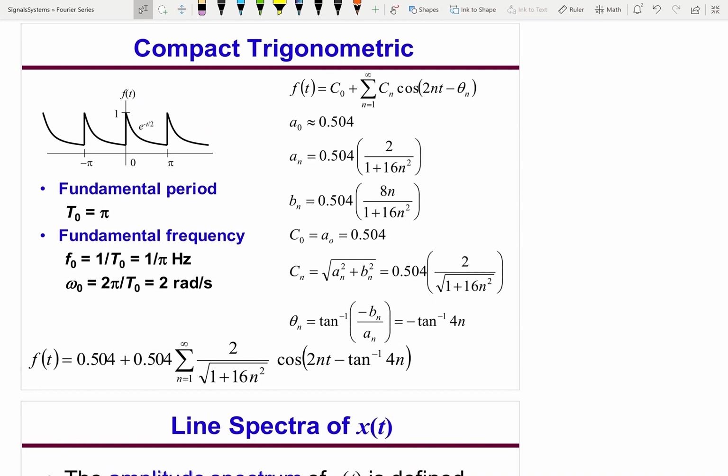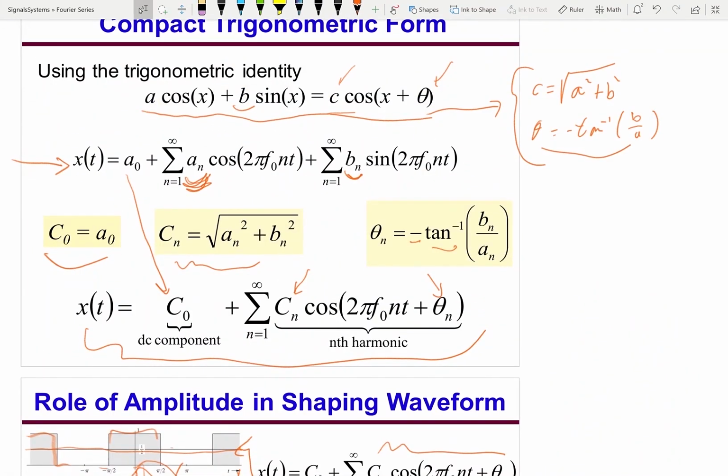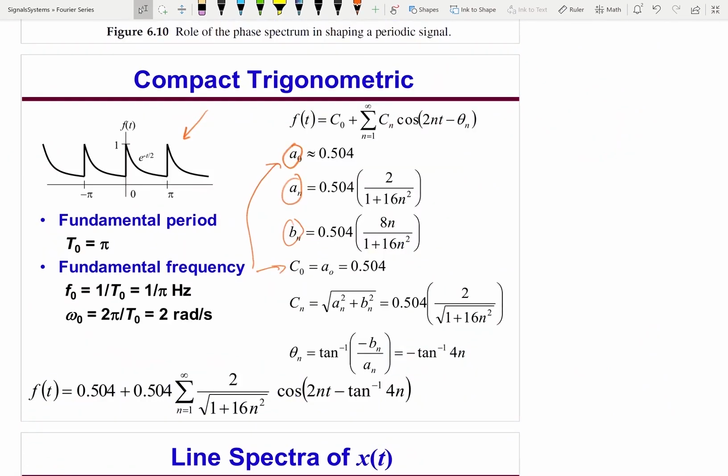Now, this is the same signal. We found A0, we did it earlier. We found An, Bn. If I want to find the compact C0, it's just going to be exactly like A0. We're going to use this property to find C0, Cn, theta n. So C0 will be the same as DC. Cn will be the square root of an squared plus bn squared. You square these, you add them up, you get this.